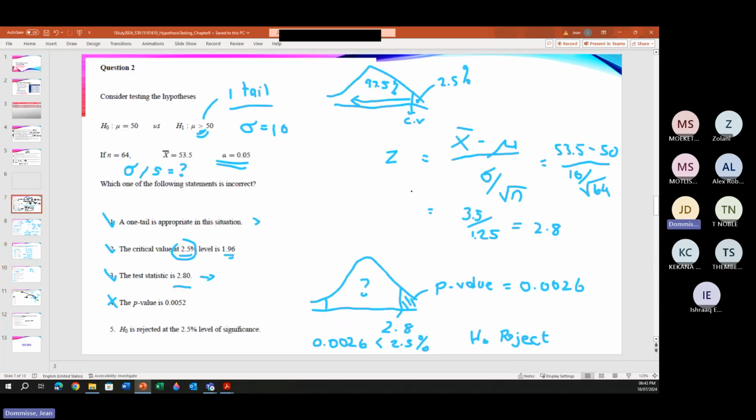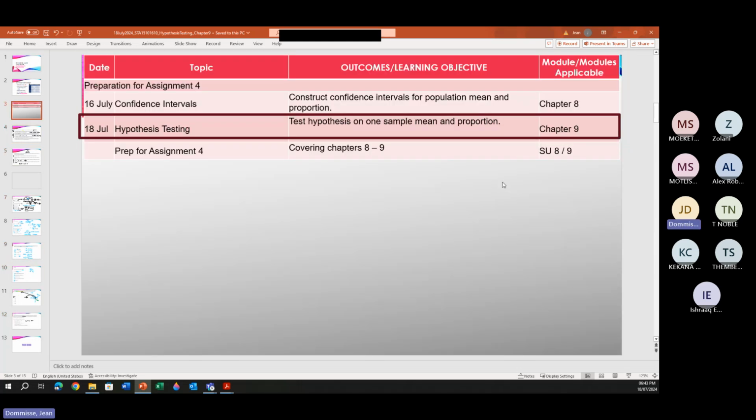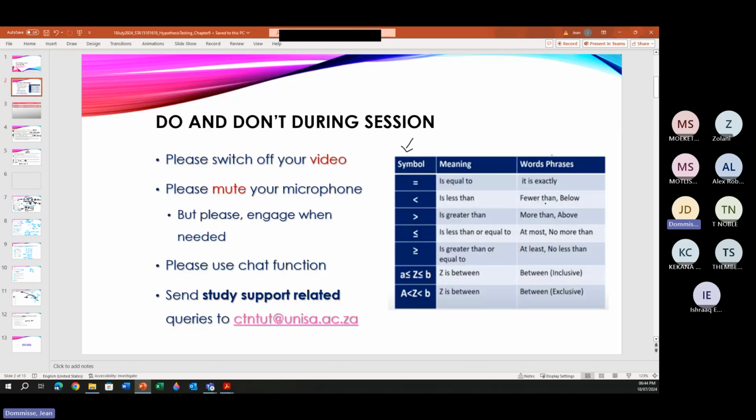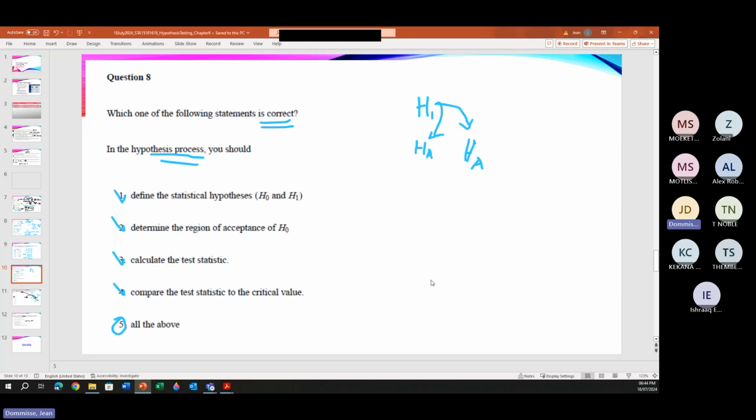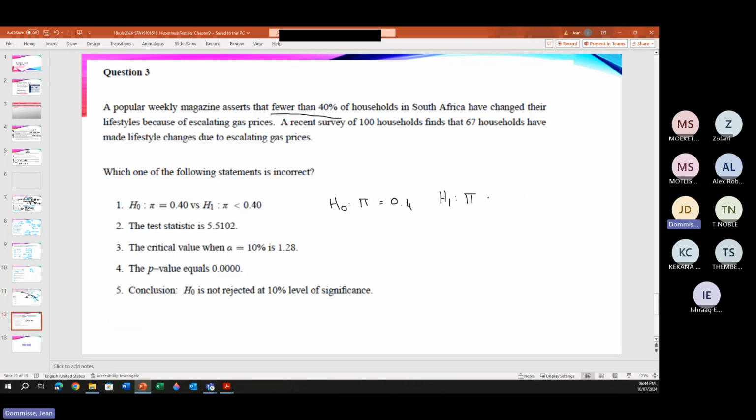If we go back to that original table that I shared, fewer than is exactly the same as less than. So it's that smaller sign. So again, that is why I've included that. Less than 0.4. That is correct. We are unfortunately looking for the incorrect one.